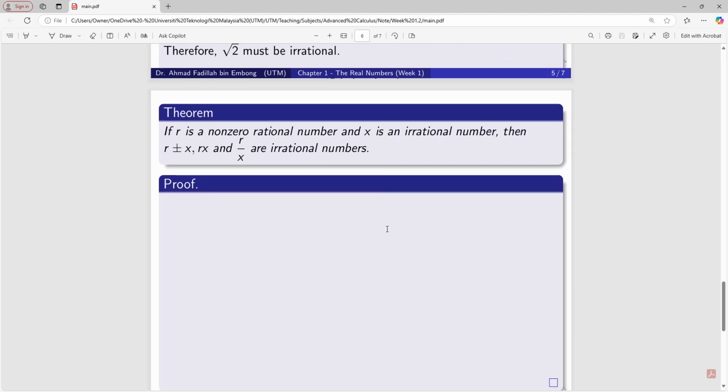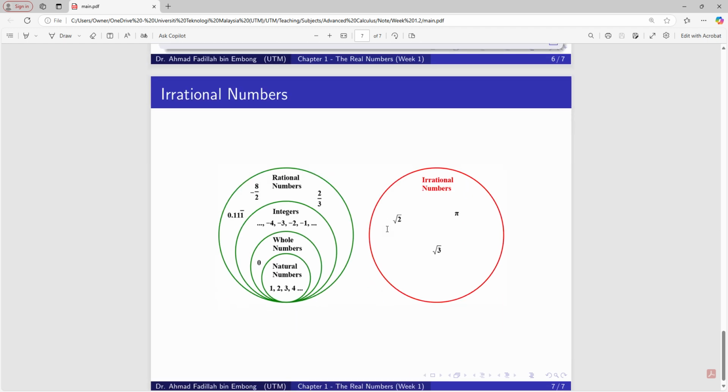Okay, so this theorem, the proof is given in the book, and here is some kind of graphical explanation of the numbers that we have. Basically we start with the natural numbers, whole numbers, and integers.